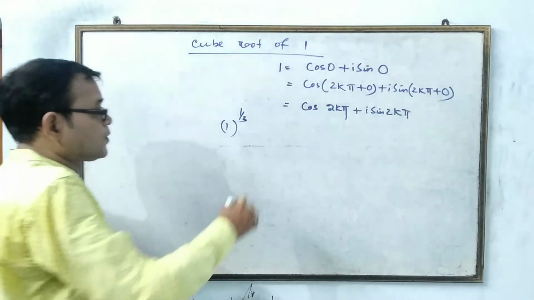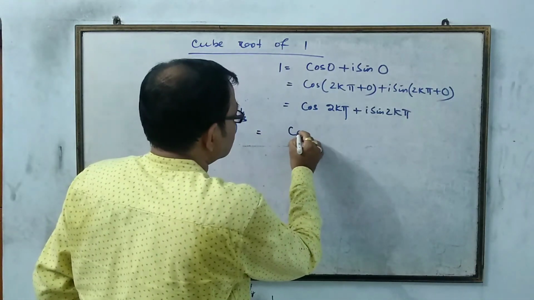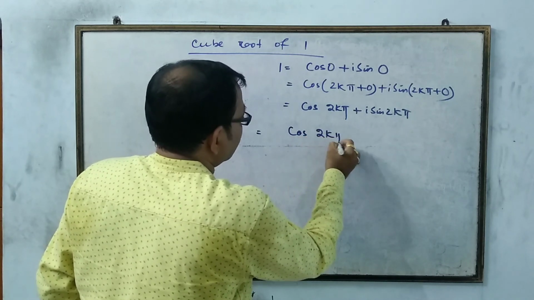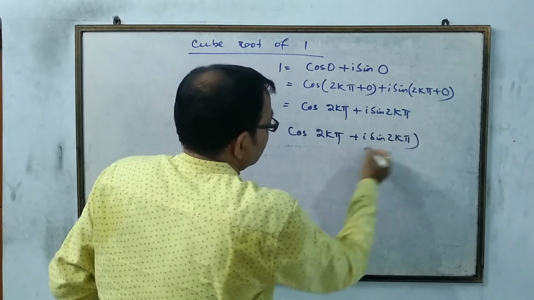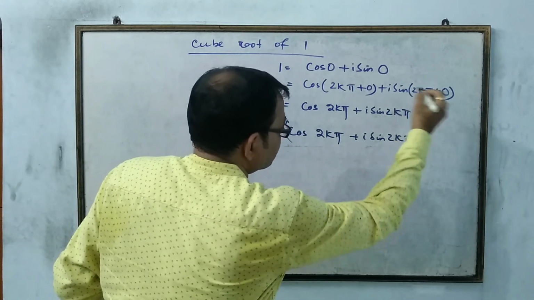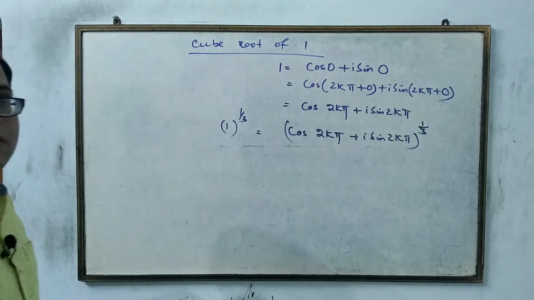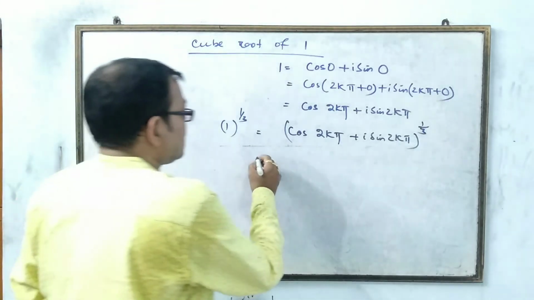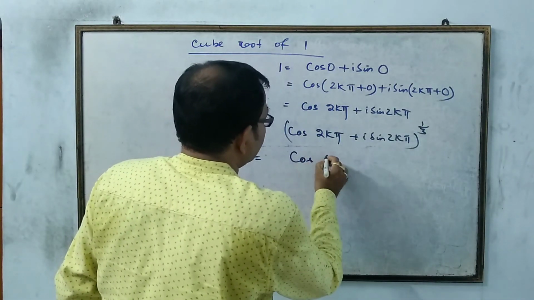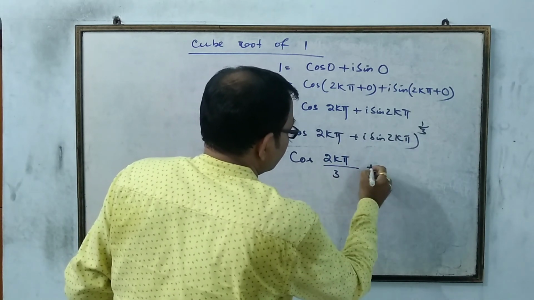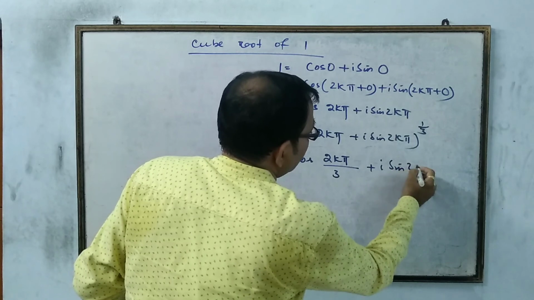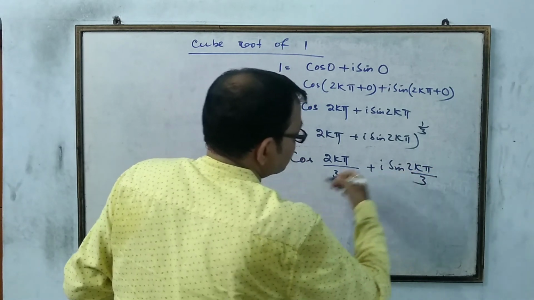What is your answer? cos of 2k pi plus i sin 2k pi to the power of 1 by 3. Then we just multiply by 1 by 3: cos of 2k pi by 3 plus i sin of 2k pi by 3.